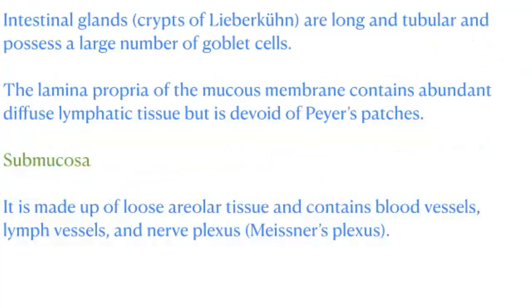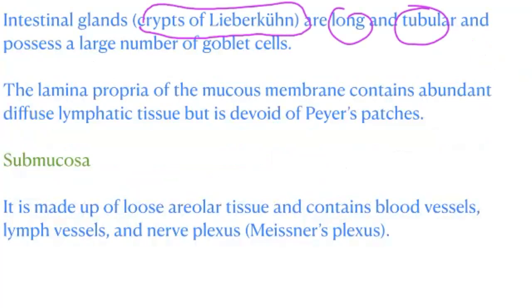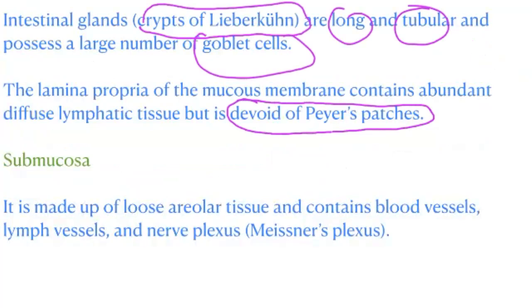Intestinal glands or crypts of Lieberkühn are long and tubular and possess a large number of goblet cells. The lamina propria of the mucous membrane contains abundant diffuse lymphatic tissue but is devoid of Peyer's patches. So those are the differences between small intestine and large intestine, right? Coming to the submucosa, it is made up of loose areolar tissue and contains blood vessels, lymph vessels, and nerve plexus, Meissner's plexus.